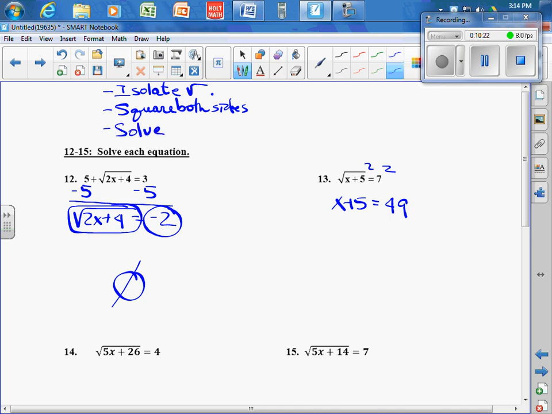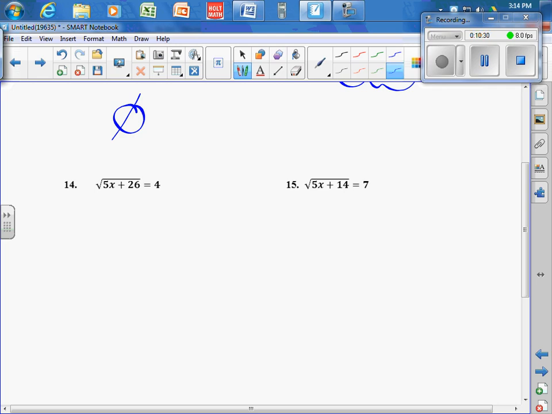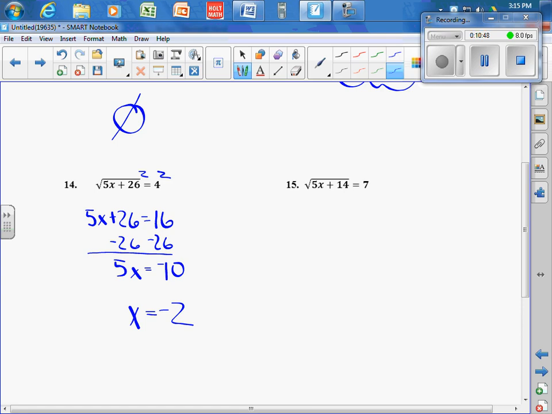Subtract 5 from both sides, you get x is equal to 44. Number 14, there's no numbers outside the radical. Square both sides. We get 5x plus 26 is equal to 4 times 4 is 16. I'm going to subtract 26 from both sides and get 5x is equal to negative 10. X equals negative 2.